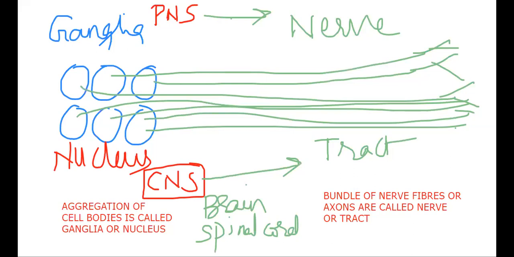Let us write the definitions for ganglia, nerve, nucleus and tract. Whom we call ganglia? Aggregation of cell bodies. Is it enough? No, aggregation of cell bodies when they are present. In the coming days, when you go to the eye and ear also, we use the word ganglia.